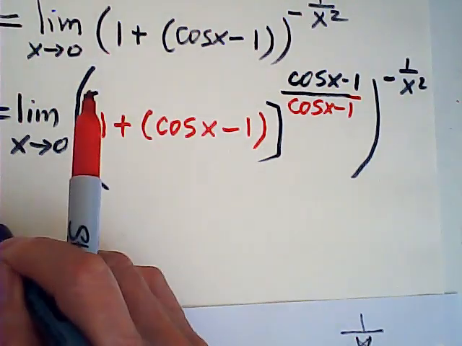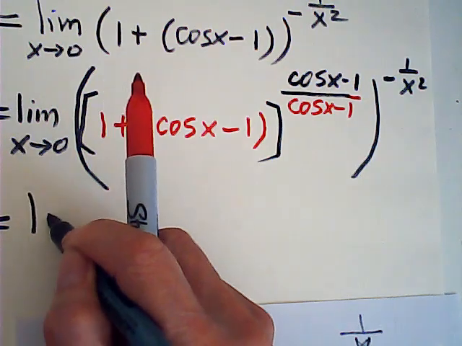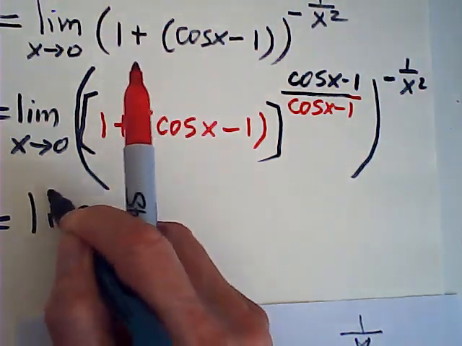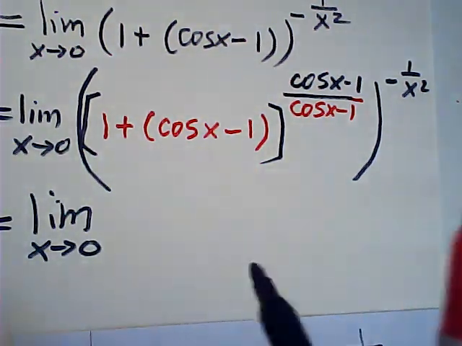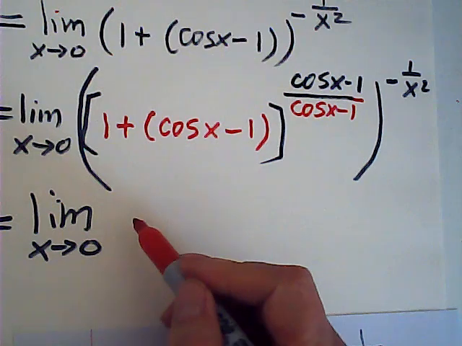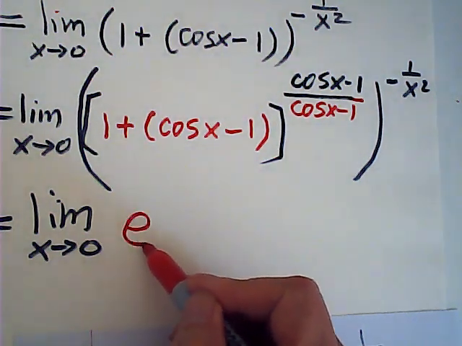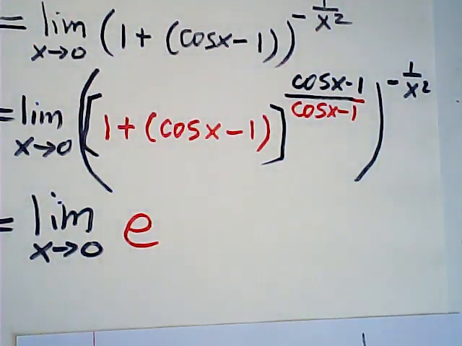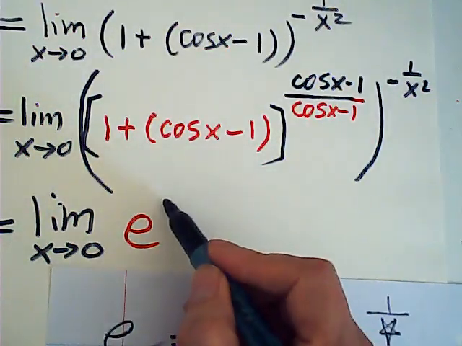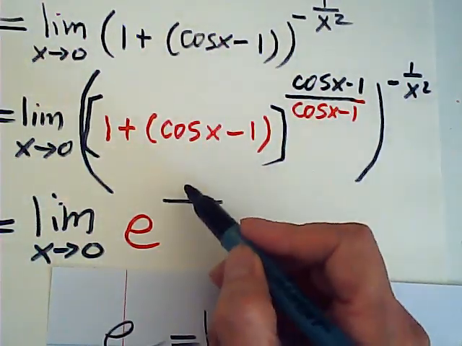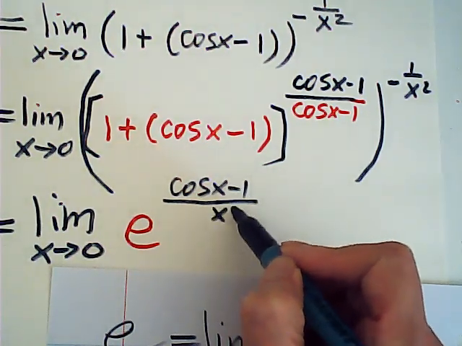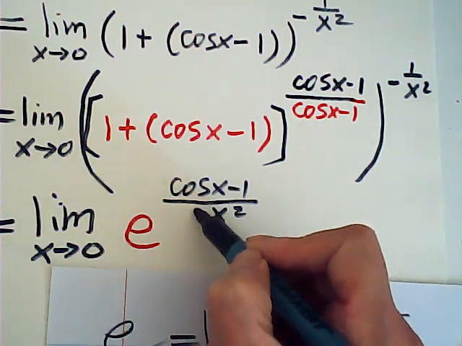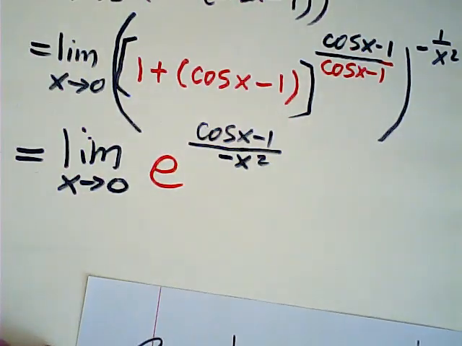Therefore, this is equal to the limit x goes to 0 of e to the power cosine x minus 1 over negative x squared. Okay.